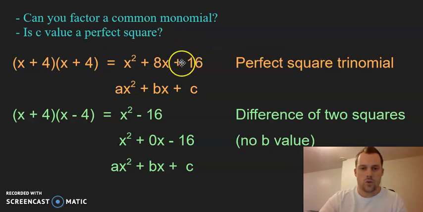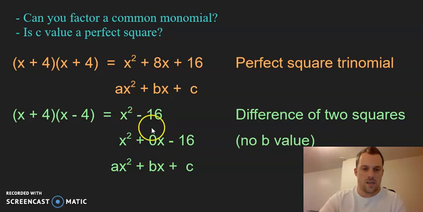And you'll notice that the square root of our c value, when you double that, gives us our b value. If we look at the second example, it's still the same numbers, but opposite signs. So x plus 4 times x minus 4, well, a 4x and a negative 4x are going to cancel each other out. So that's where we get a b value of 0.